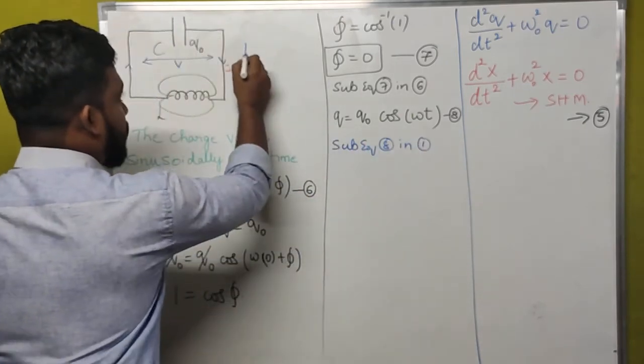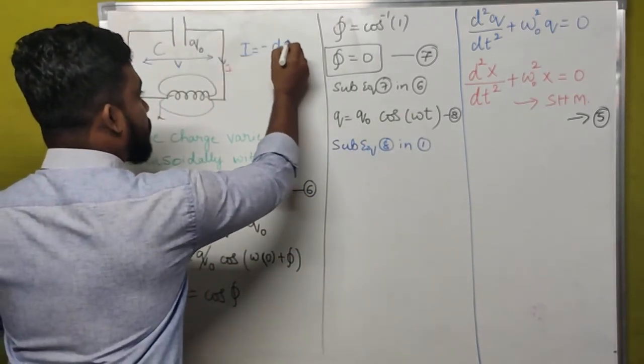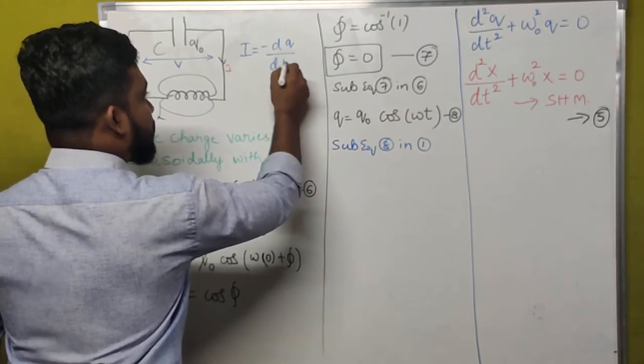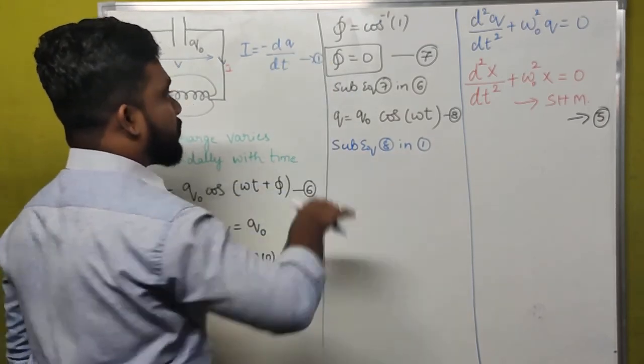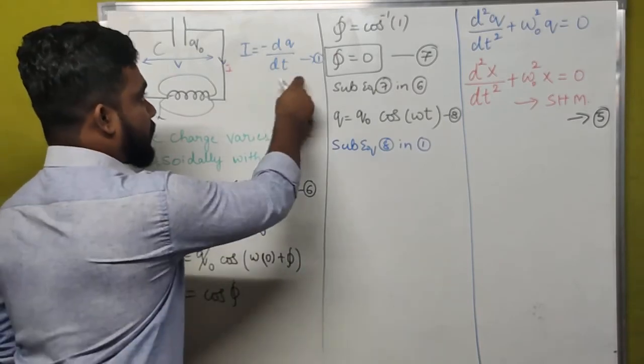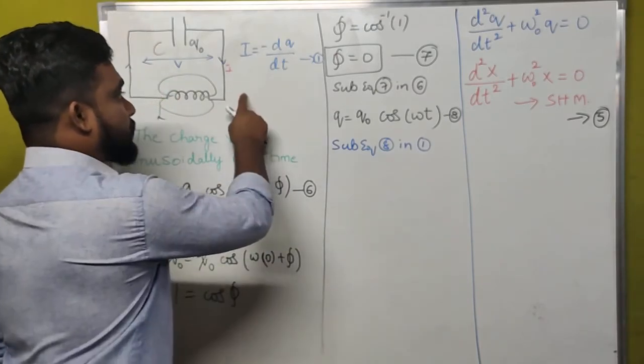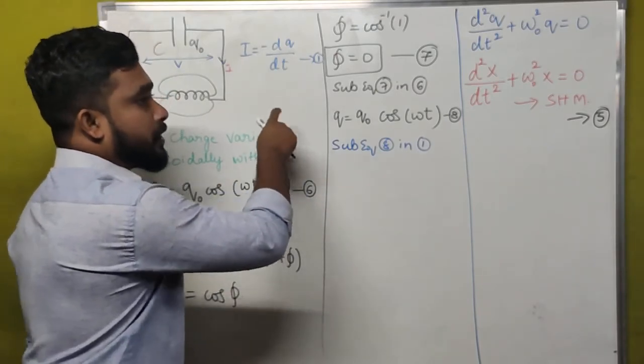What is equation 1? I is equal to minus dq divided by dt. Equation 2 is E is equal to minus L di divided by dt.